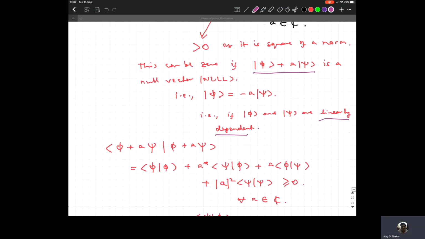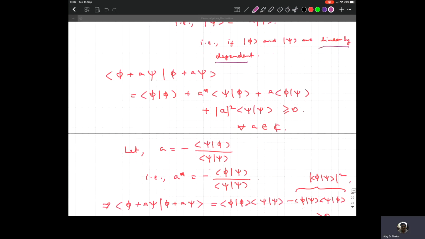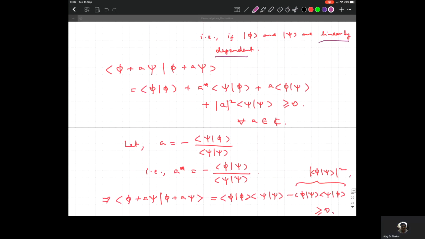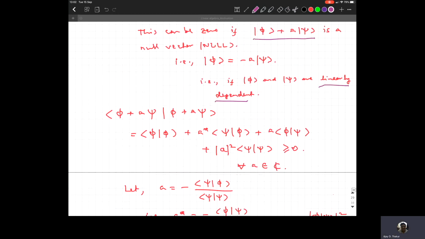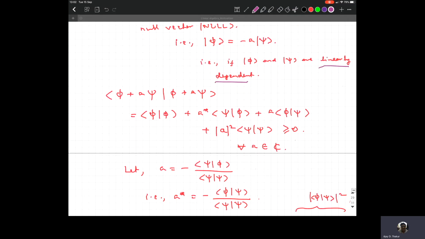Thus, the inner product of phi plus a psi with itself is going to read as the inner product of phi with phi, plus a star inner product of psi with phi, plus a inner product of phi with psi, plus mod a square inner product of psi with psi itself, and that is greater than or equal to 0 for all a contained in complex numbers. When phi and psi are not linearly dependent, this result has to be positive definite.